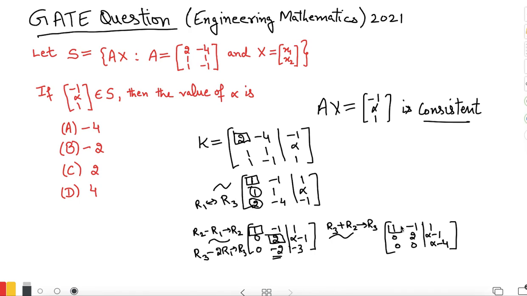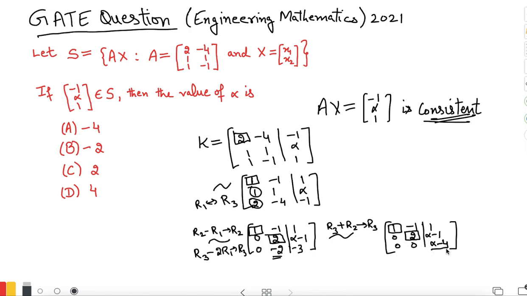So the first two rows have pivot positions on the left hand side. For consistency, there should be no row where all left hand side elements are 0 and the right hand side element is non-zero. That would make it an inconsistent system. Or the rank of A and the rank of the augmented matrix have to be the same for consistency.